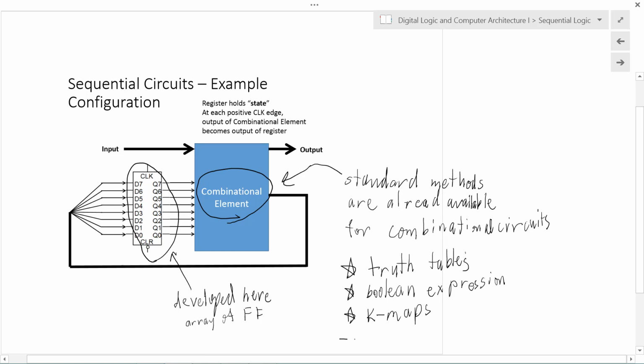One that we haven't talked about yet are state diagrams. These are specific to state machines and show how the system evolves with time.